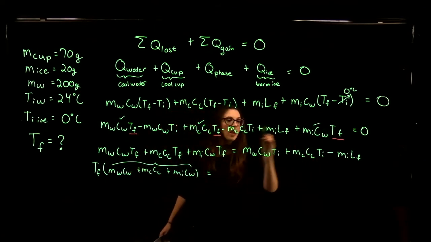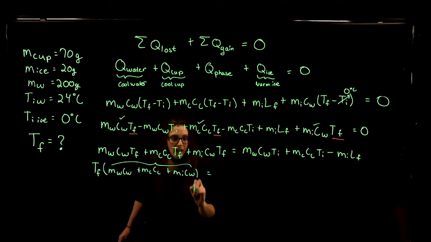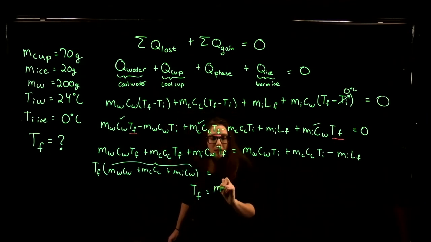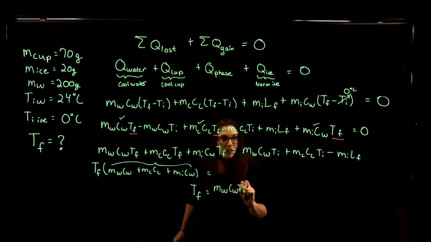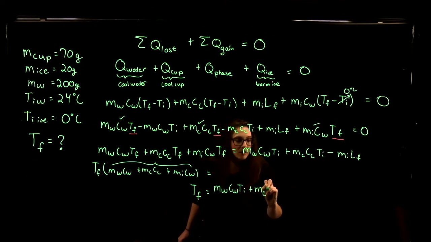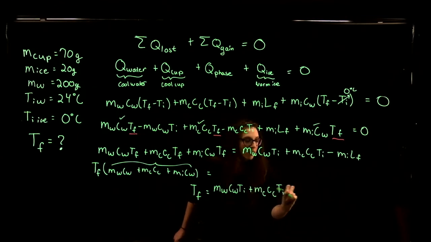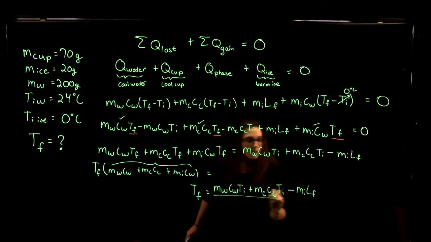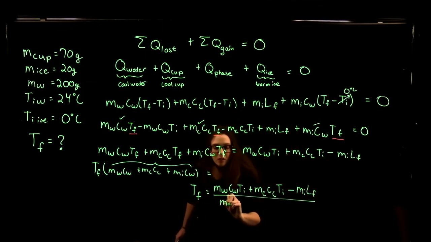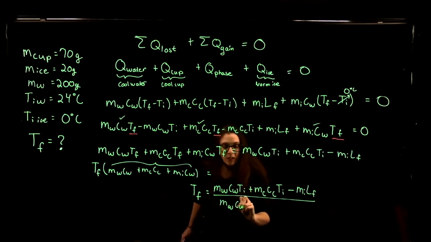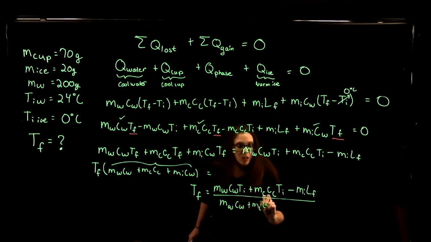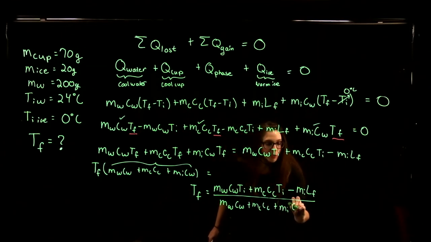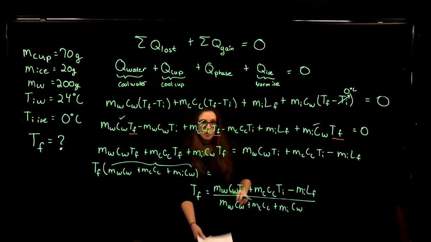And if I divide this side by all the stuff in the parentheses, this looks like T final equals MWCW T initial plus MCCC T initial minus M ice latent heat of fusion, all divided by mass of the water, specific heat of the water, plus mass of the cup, specific heat of the cup, plus mass of the ice, specific heat of water. Oh my gosh, wow.